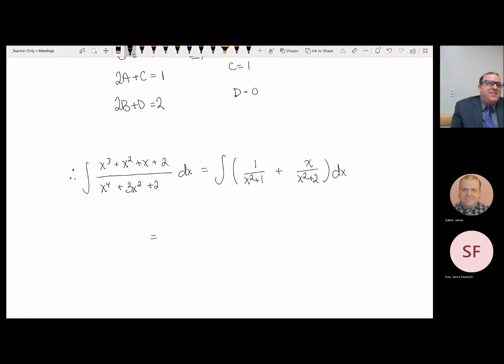Another way of asking that: what function has derivative 1 over x squared plus 1?